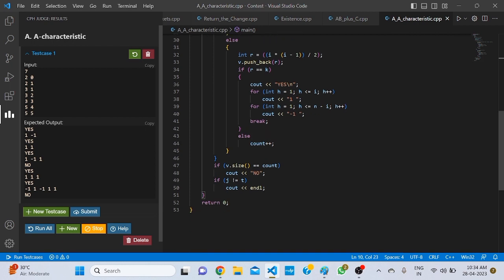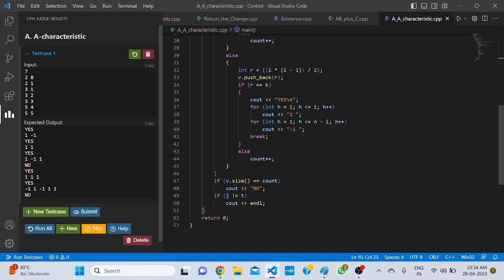Now if the size of the vector is equal to count, since our count is in the else condition, then if k is not in the vector, our count becomes equal to the size of the vector. So if our count is equal to the vector size, we will print no.